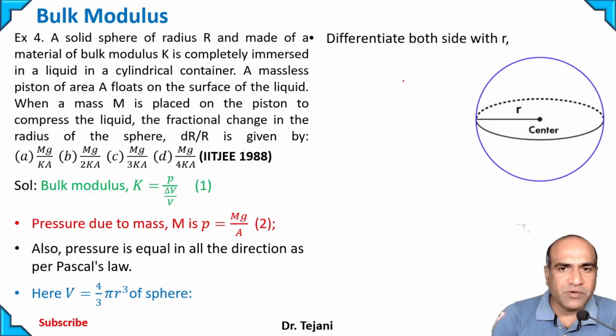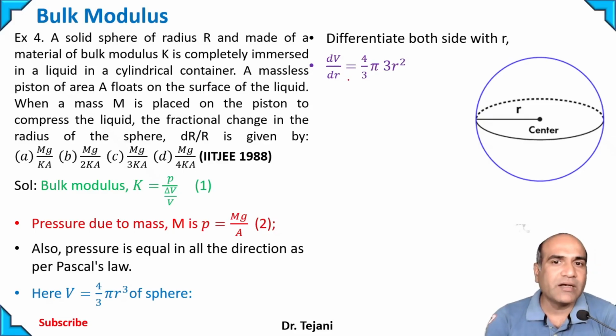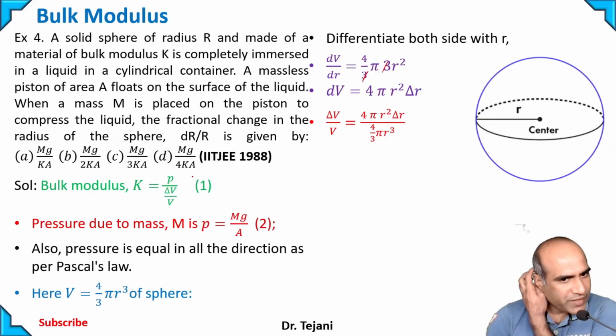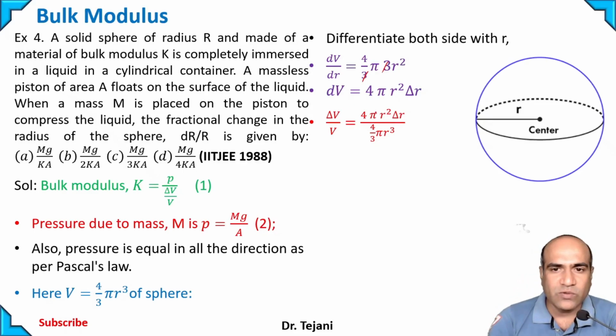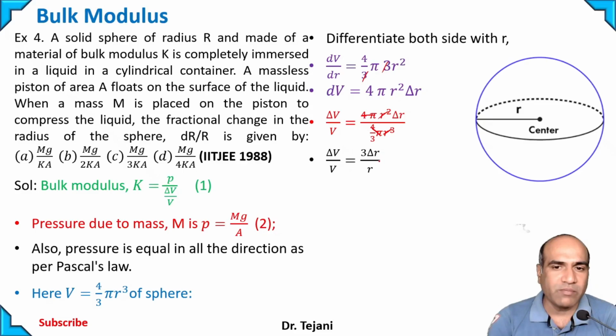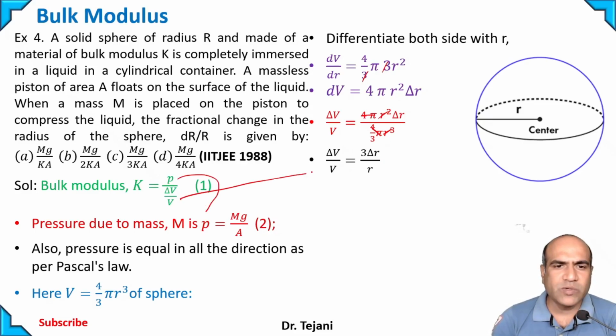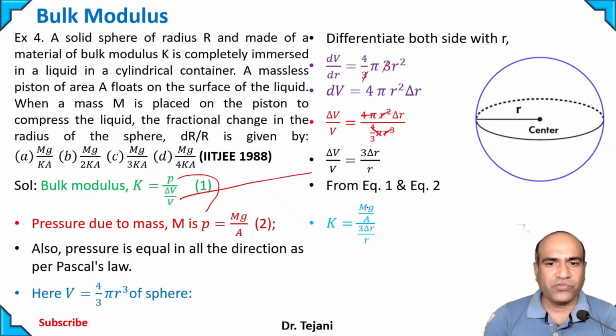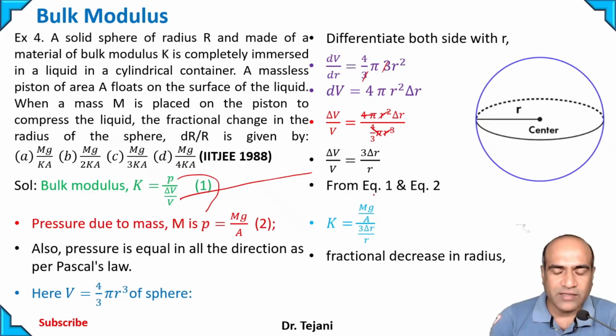Differentiating to get delta V, delta V by delta R is equal to 4 pi R squared, so delta V is 4 pi R squared delta R. Putting this value in delta V by V, we cancel out the 4 pi and one R, so delta V by V is equal to 3 delta R by R. Now we have values for P and delta V by V, so we can put them in: K is equal to mgR divided by 3 A delta R.